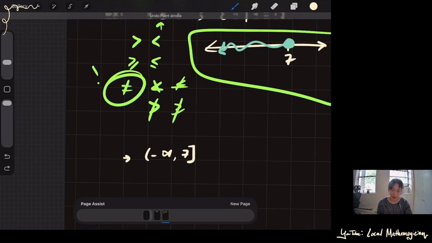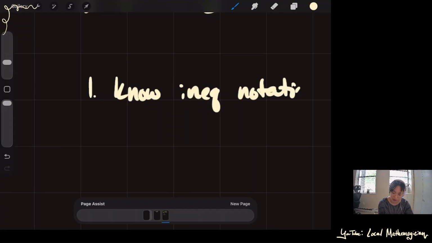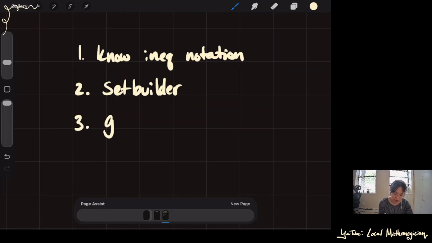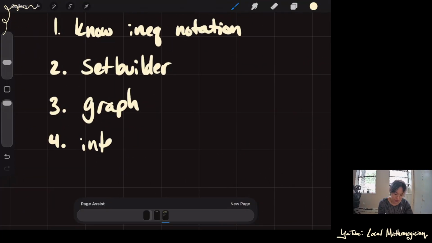So big picture, you should know: one, inequality notation, two, set builder, three, graph, four, interval, and you should be able to confidently switch back and forth between all four of them.